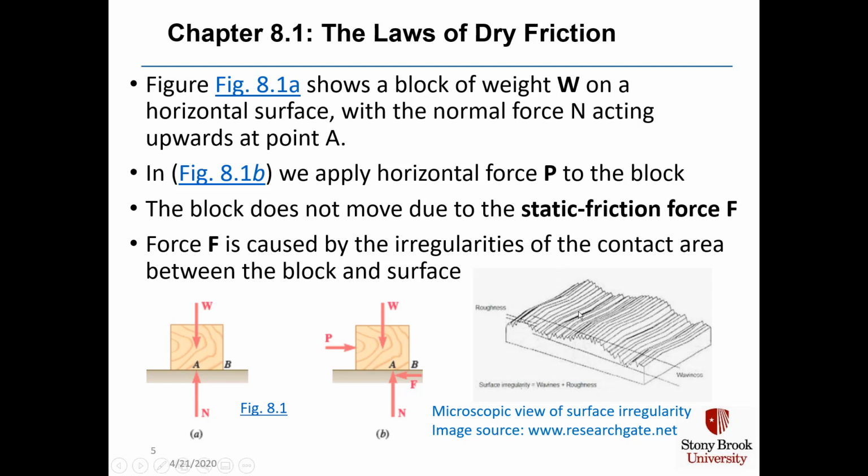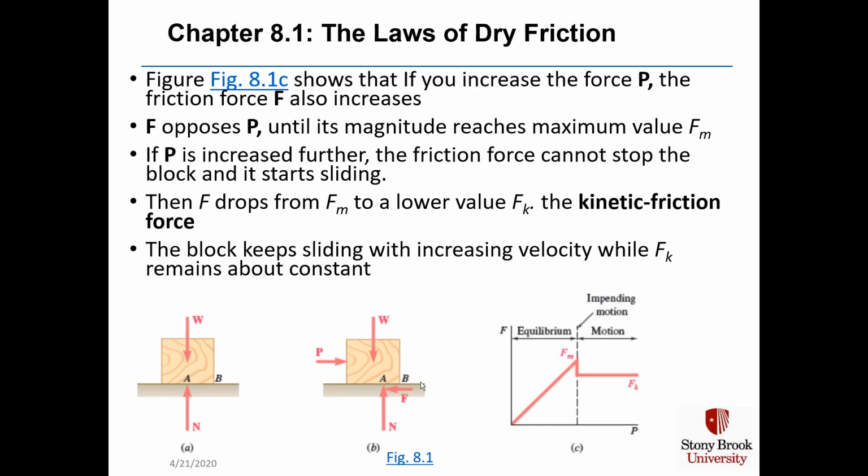Nevertheless, when you have this type of rough profile on one part, say the block, and you have the mating surface upside down with its roughness on the surface, you can see quickly that those profiles are not going to mate perfectly, and there's going to be all kinds of high spots and low spots that mate with each other. And that's what we mean by irregularities of contact area, causing two surfaces to tend to stick to each other.